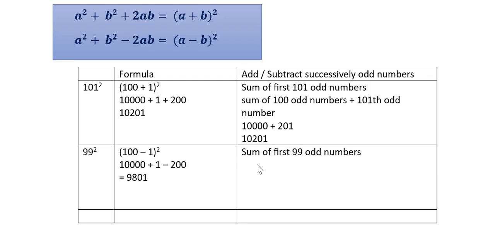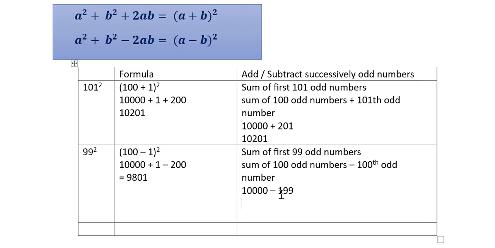Now using the odd number concept, we can say it is the sum of 100 odd numbers minus the 100th odd number. The sum of 100 odd numbers is the square of 100, which is 10000, and then minus, again using the formula 2n minus 1, for 100 it's 2 into 100, 200, minus 1 is 199.